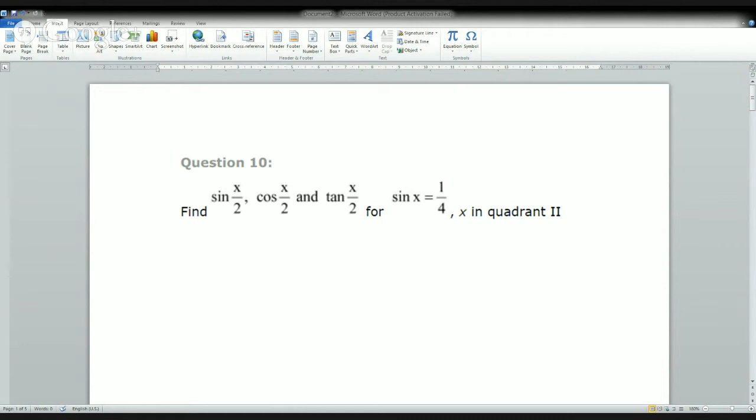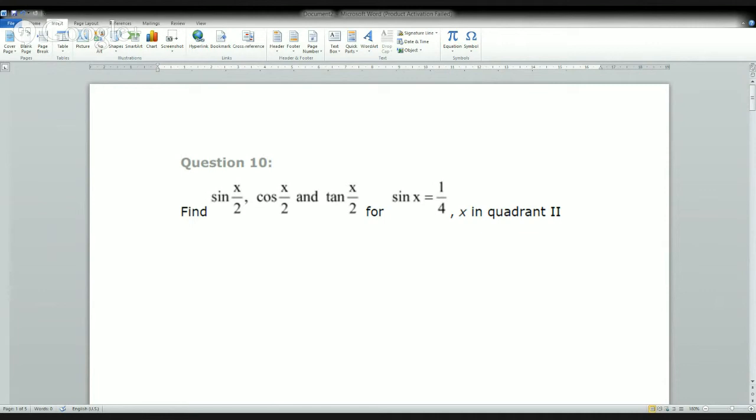So that becomes, so it was minus, so it becomes 4 plus root 15 divided by 8. So final simplifications, it becomes 8 plus 2 root 15 divided by 4 square root is sine of x by 2.